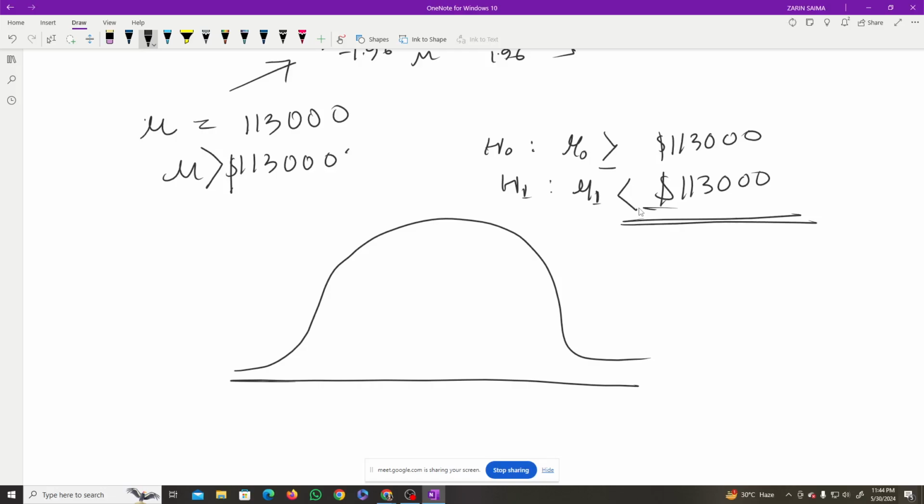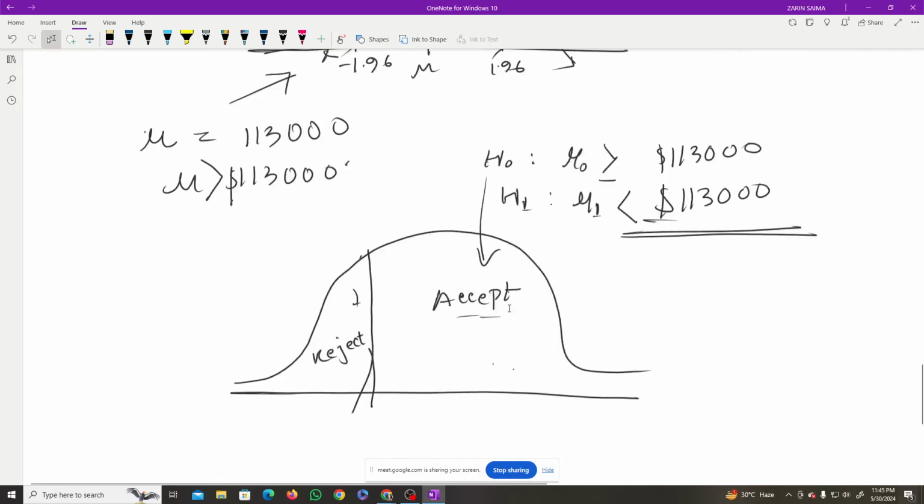Suppose the left side of your distribution is the rejection area, and anything that is not under the rejection area means your null hypothesis is correct. When after z we find the value, if it is in this area, we will accept the null hypothesis. This is a one-tailed test.